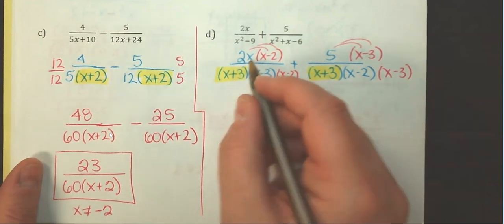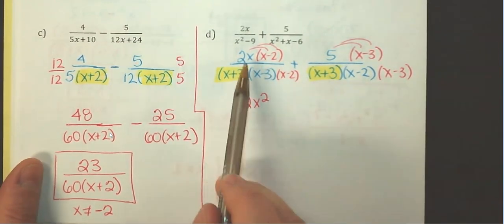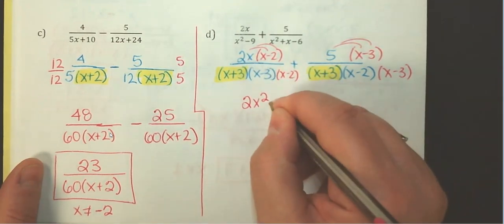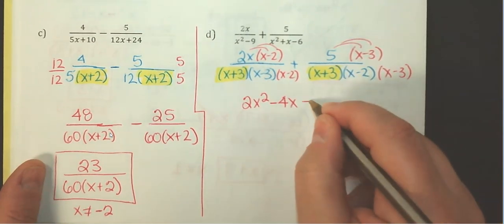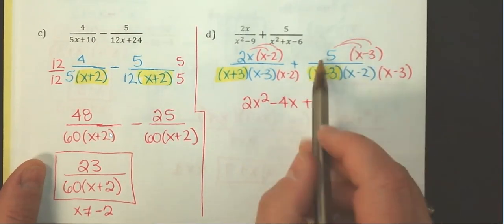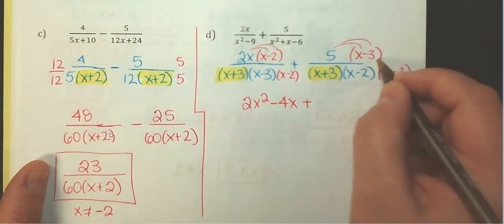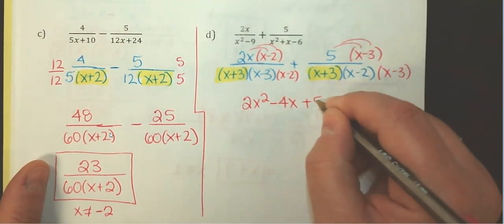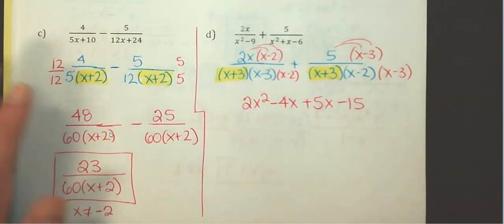So I am going to distribute and see if I can simplify anything I've got here. So 2x times x is going to give me 2x squared, and then 2x times negative 2 is going to give me negative 4x. And I'm just adding this, so I don't need to worry about distributing a subtraction sign. But 5 times this x minus 3, so 5 times x will give you 5x. 5 times negative 3 gives you negative 15.